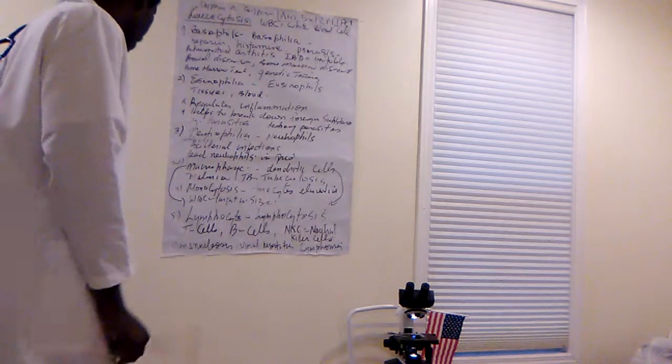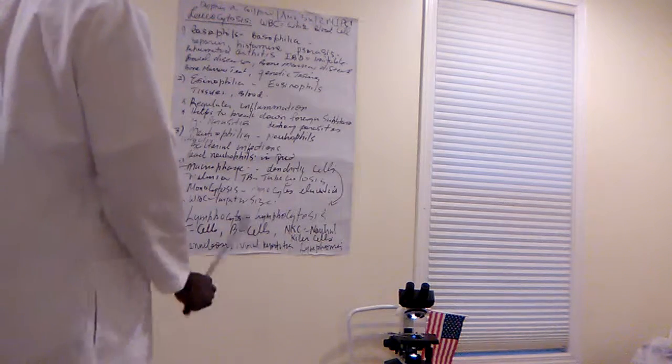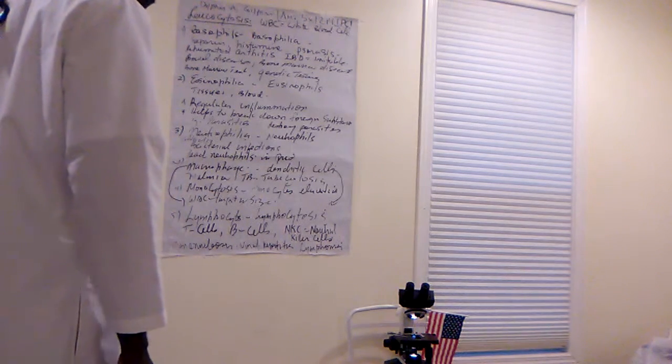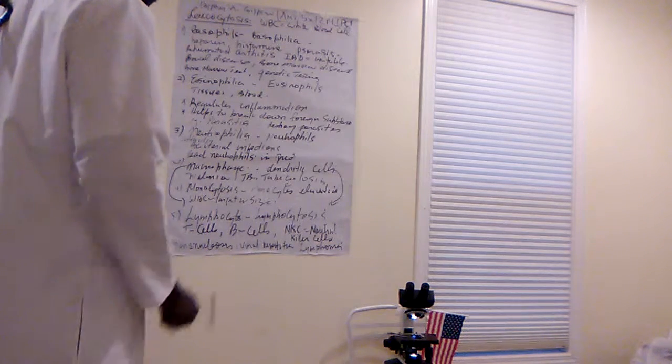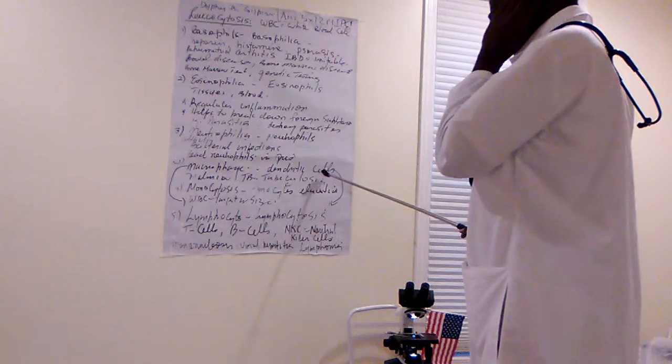Now, these macrophages are all-purpose white blood cells. They do a comprehensive job in inflammation and they can be found in malaria and tuberculosis infection. And the dendritic cells help to protect the external tissue.